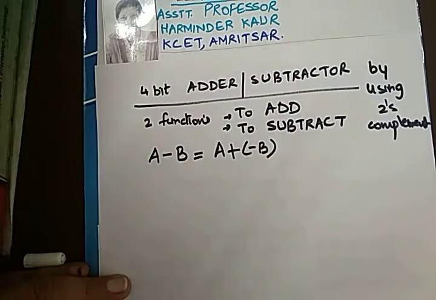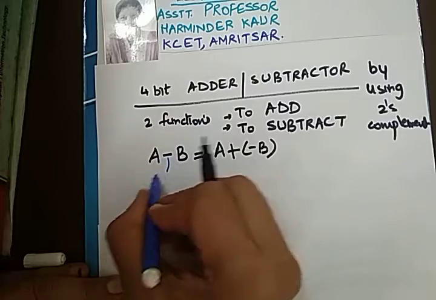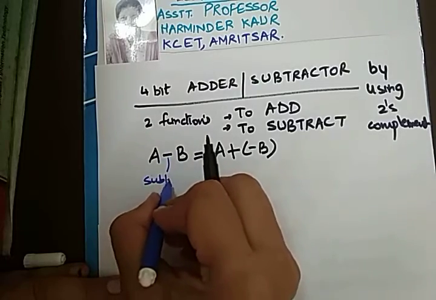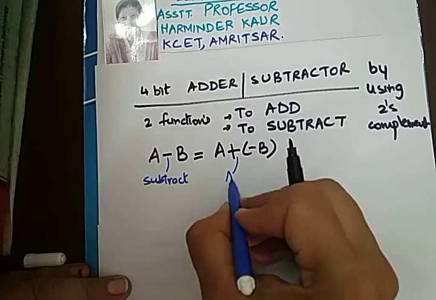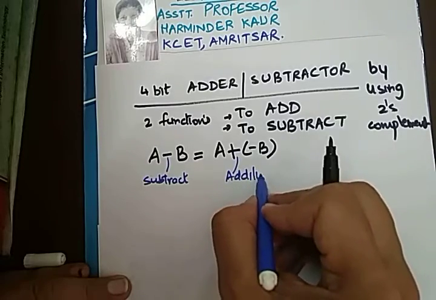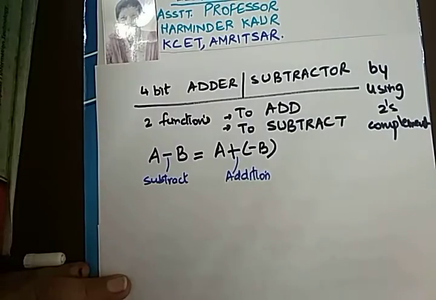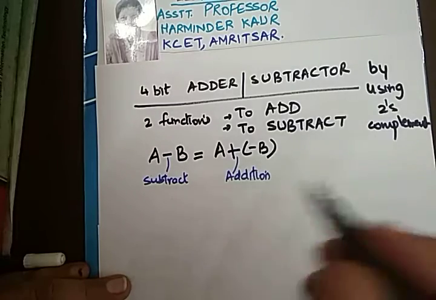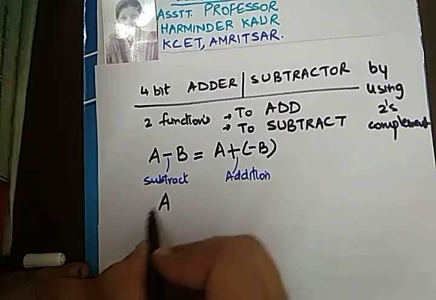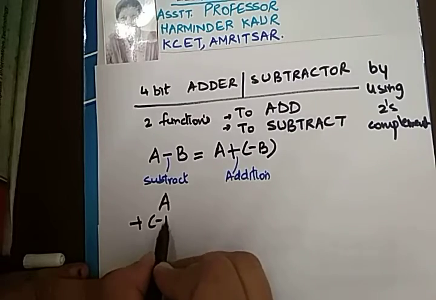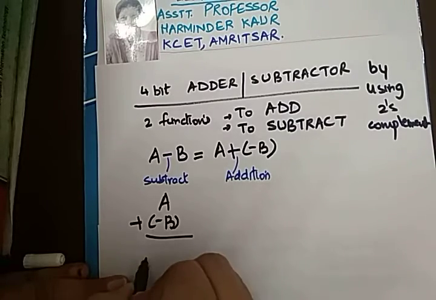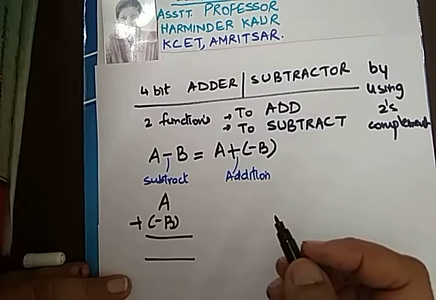So the operation being performed is subtraction, but the process being used is addition. If you recall, if this is a and you have to do a minus b, what you do is a plus minus b.